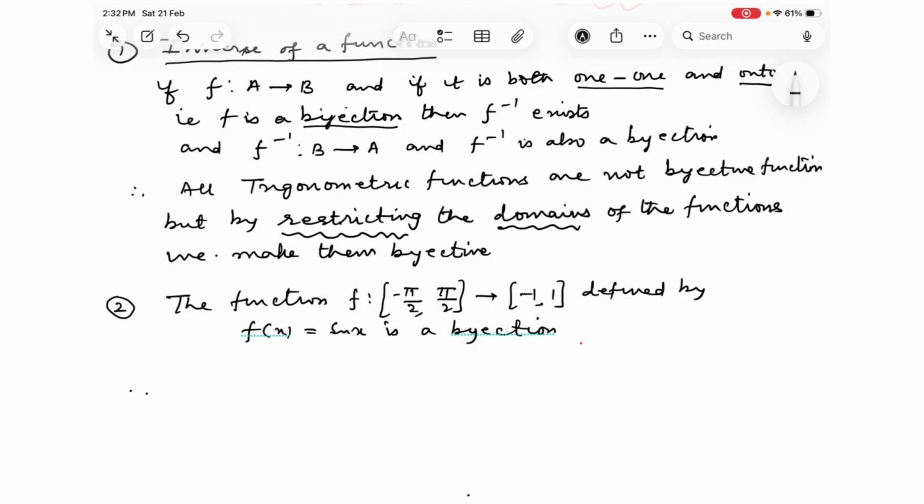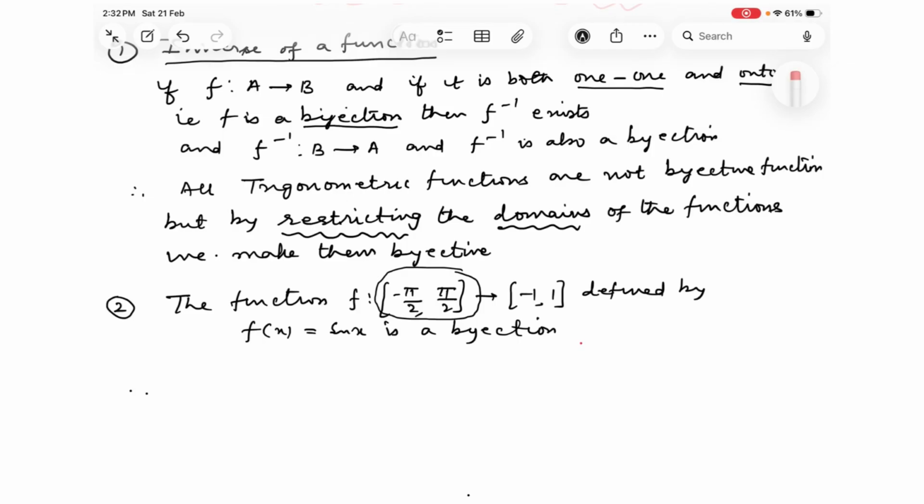Earlier, in the first basic chapter of trigonometry, I told you the domain of sin x is R. But if the domain of sin x is restricted to the closed interval minus pi by 2 to pi by 2, sin x becomes bijective. It is both one-one and onto. Therefore, the inverse of sin x can be defined.